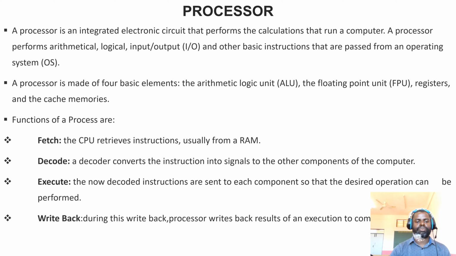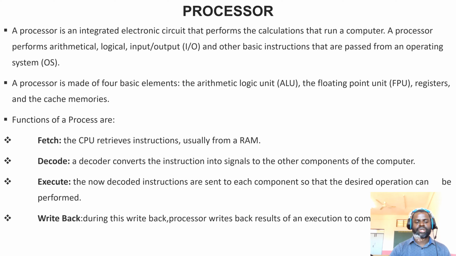Then functions of a processor. The first function is fetch. The CPU retrieves instructions, usually from a RAM. The next one is decode. A decoder converts the instructions into signals to the other components of the computer.